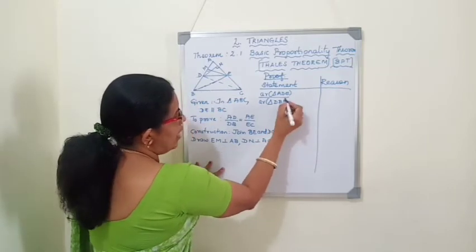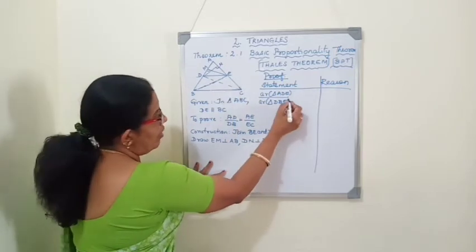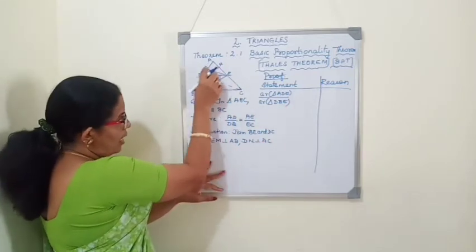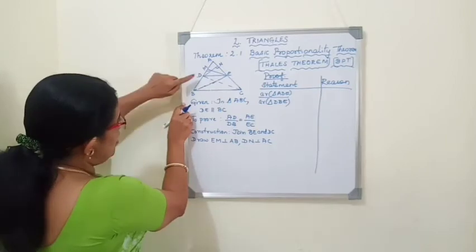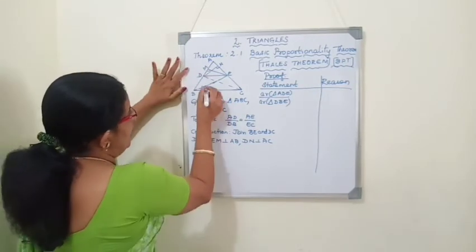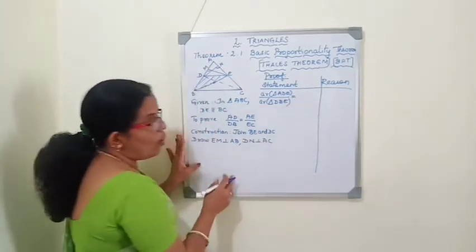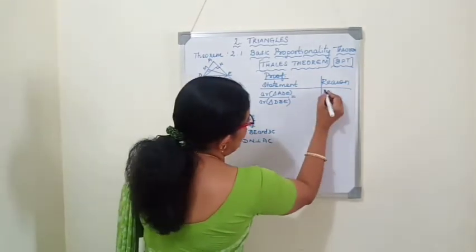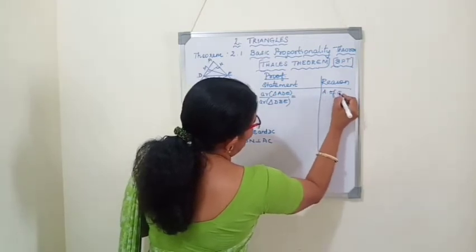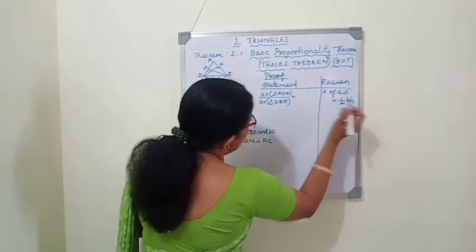In both triangles, DE is the common side. We take the first top triangle ADE and the lower one including the side DB, that is this triangle, is equal to, you all know that the area of a triangle equals half base into height. That is the reason we have to write.